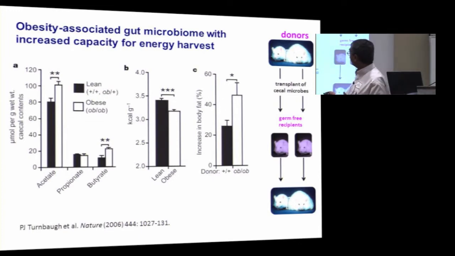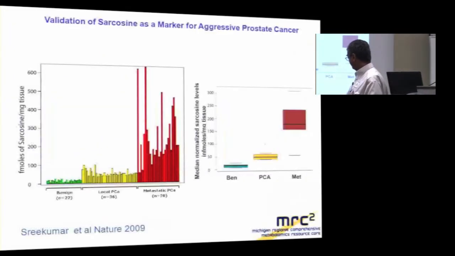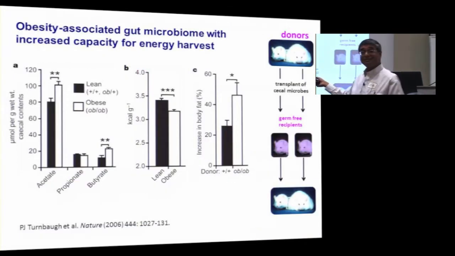And remarkably, what they find is that the obese mice actually extract a lot more of the energy from the food than the lean mice. So this is the lean mice, this is the obese mice. Obese extract a lot more.